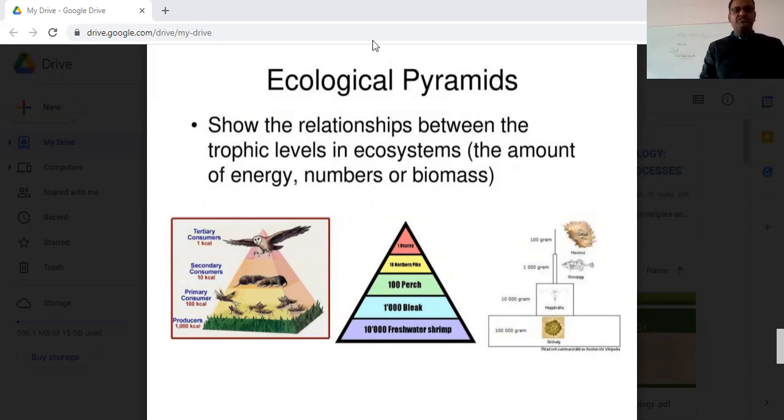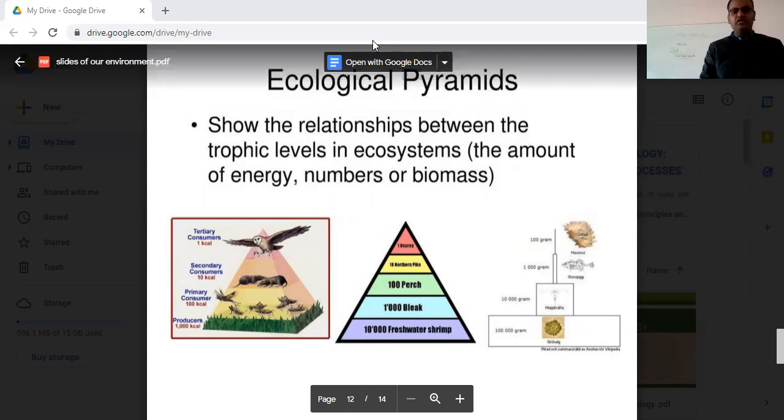If I'm giving you the example of this grassland trophic level, whose population is maximum? Very good, yes. The producer, or the grass.